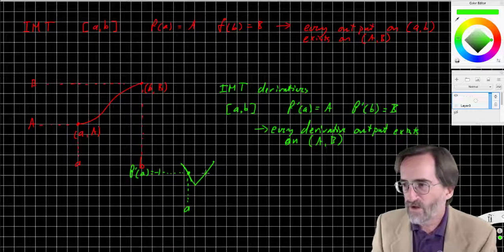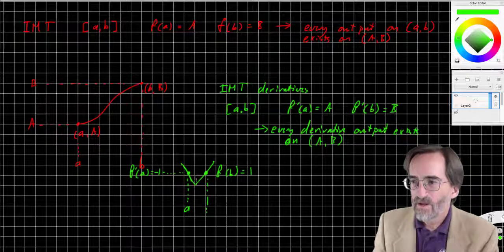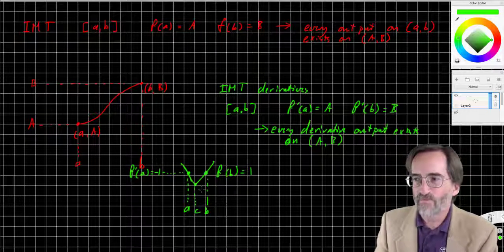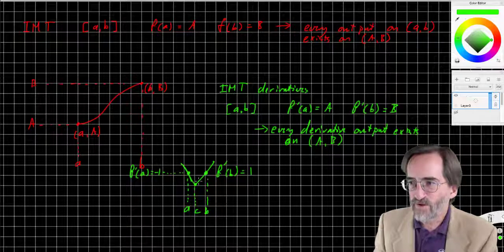Over here, f prime of b equals about +1. At the point in between a and b, the point c, we have a bit of a problem, because the derivative is either -1 to the left or +1 to the right.